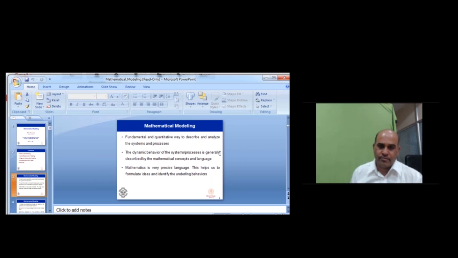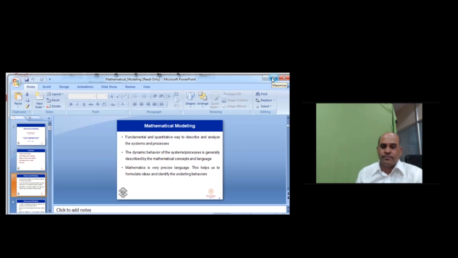So in short, mathematical modeling is the art and the skill to represent a system equivalently in the language of math. Let us see what exactly mathematical modeling means. It's a fundamental and quantitative way to describe and analyze systems and processes.